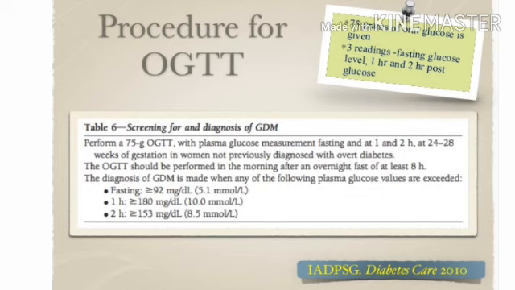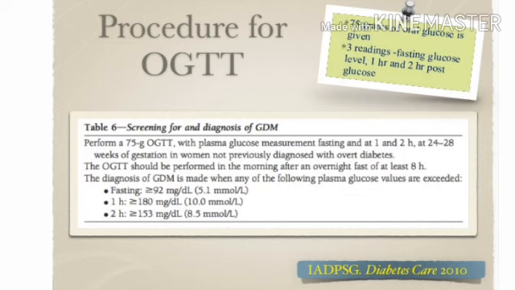If a lady is already diabetic or a pregnant woman is with overt diabetes mellitus, there is no need of conducting this OGTT. An asymptomatic pregnant lady during 24 to 28 weeks of gestation, OGTT is routinely conducted to diagnose the possibility of gestational diabetes mellitus.